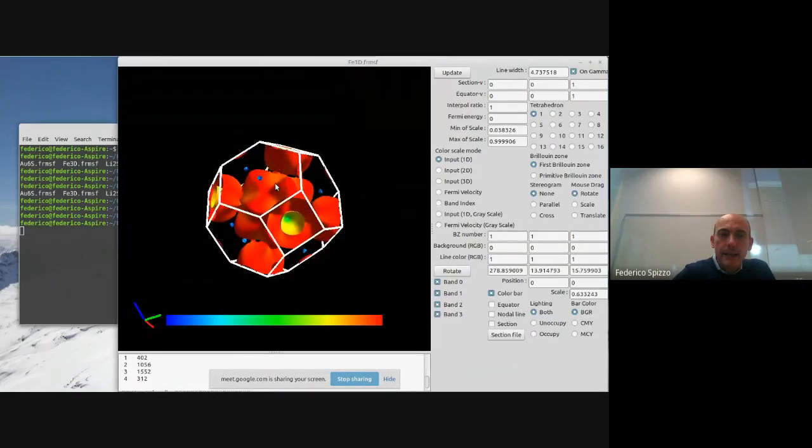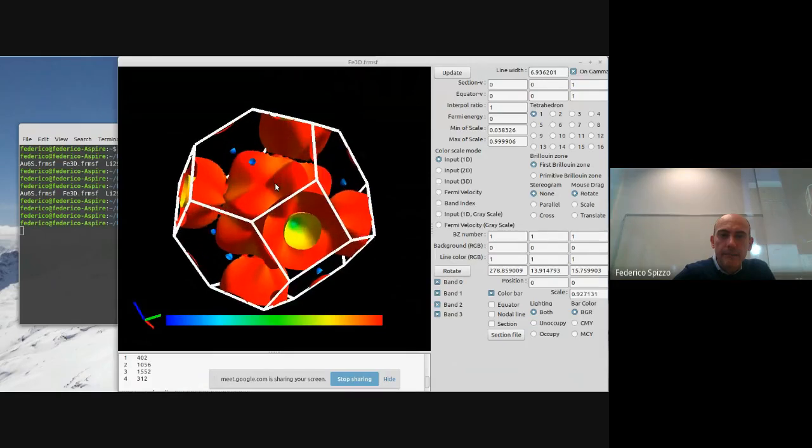So in this case, if you notice here, you have band 0, band 1, band 2, band 3. So this means that the occupied levels are found in 4 different bands.